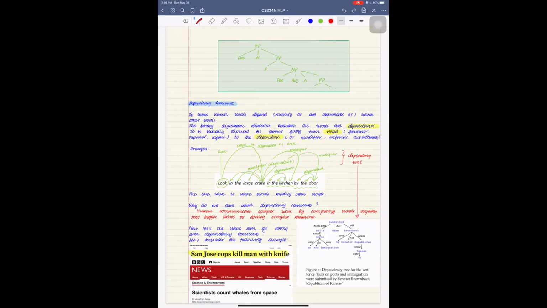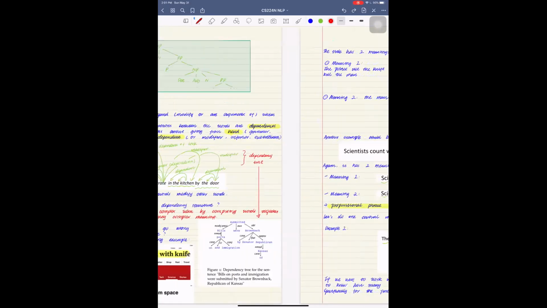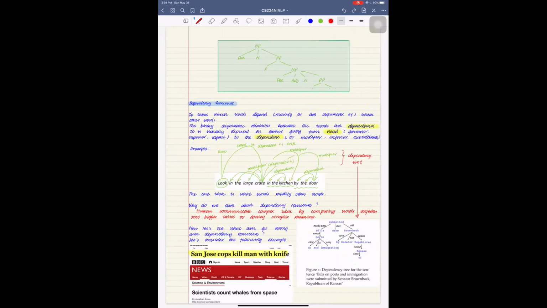The second structure is called dependency structure. It's a little bit complicated, so I'm just going to give you one example, and I will leave the rest of the examples to Jiachen to explain a little more. First, what is dependency structure?